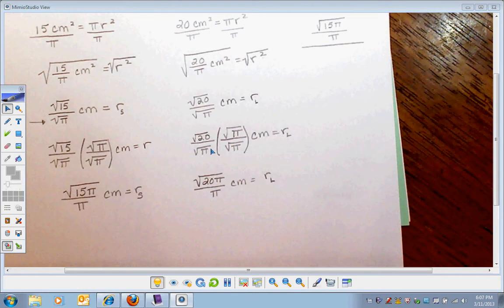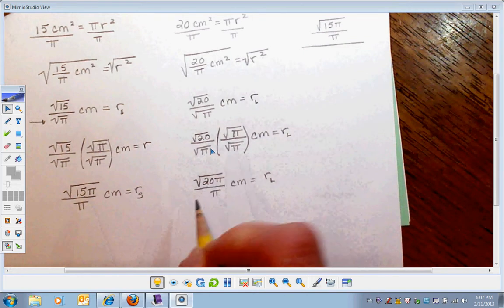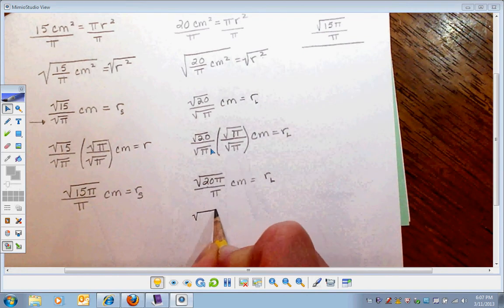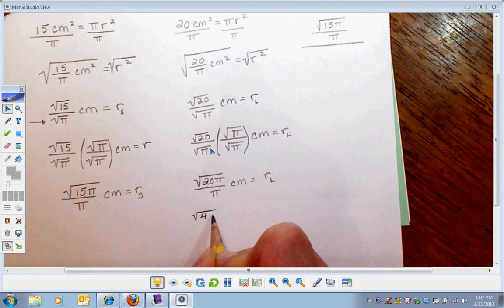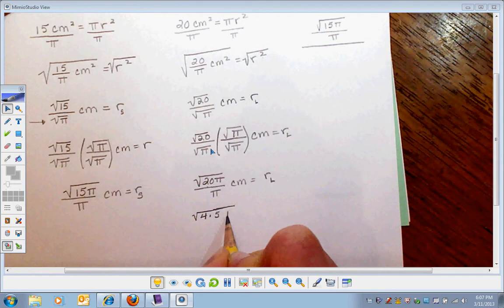Not done. This one's a little different because the square root of 20, I have a factor that's a perfect square, unlike the square root of 15, or I don't. So the square root of 20, that's the same as the square root of 4 times 5, and I have my pi there also.